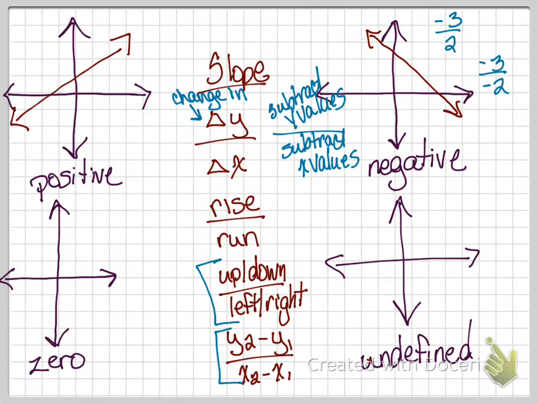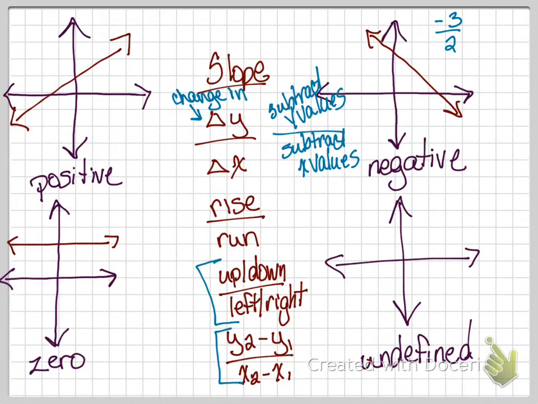What's a negative over a negative? A positive. So be careful. Don't overcompensate for your negative. Don't make a negative slope a double negative slope, because then you've turned it into a positive slope.